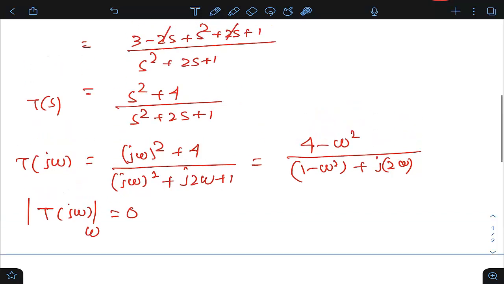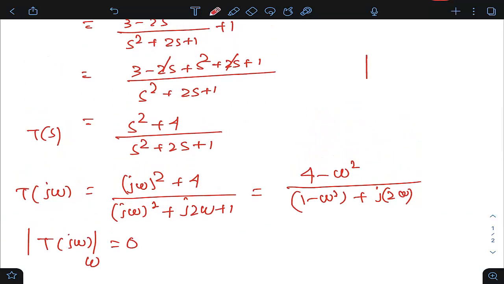Because the output will be, let's say this is the system, and the input is A sine omega t plus phi, and the transfer function is T of S. What is the output if I ask you?